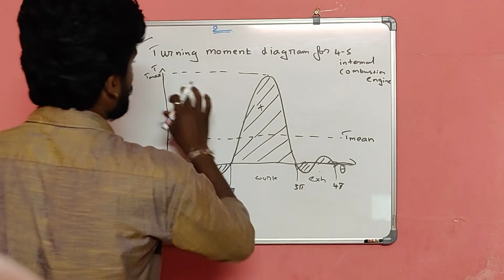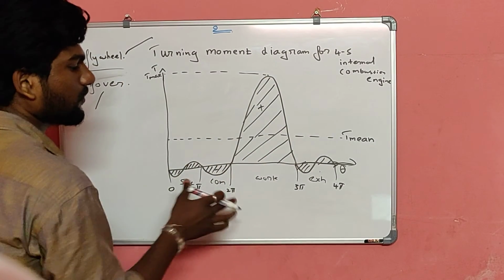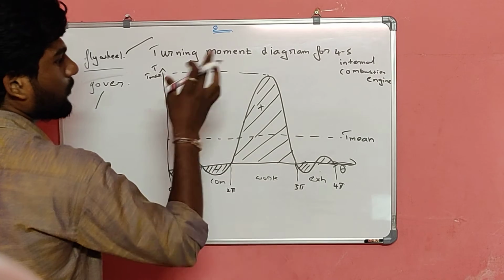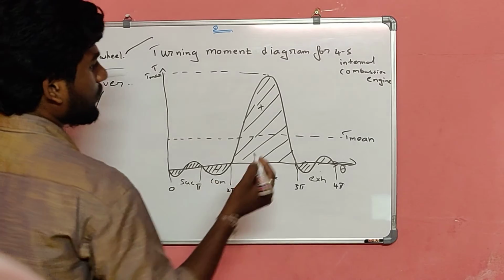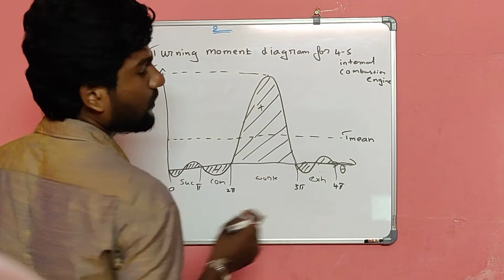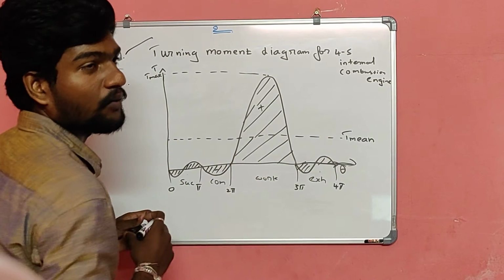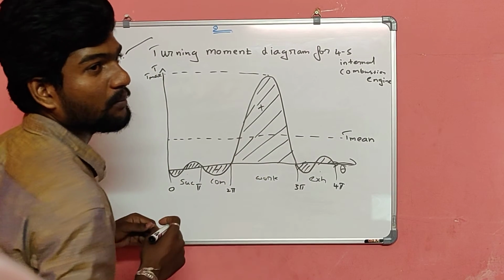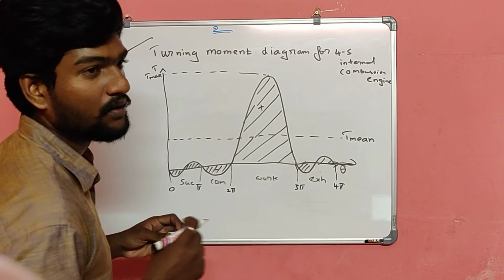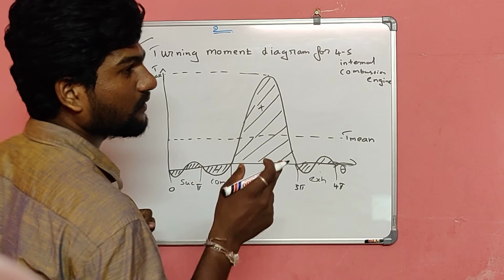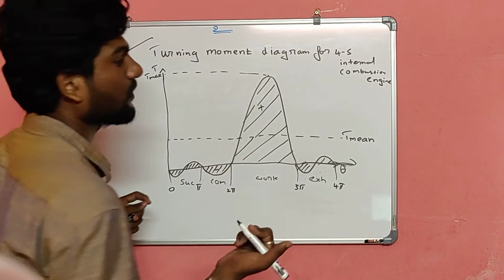So we will have a schematic, general drawing of how a 4-stroke engine turning moment diagram is found out. Already in the previous class we learned about the torque equation, how we can derive the torque equation in terms of the force from the piston, the radius of the crank, the crank angle from the inner dead center, and the ratio between connecting rod length and radius.